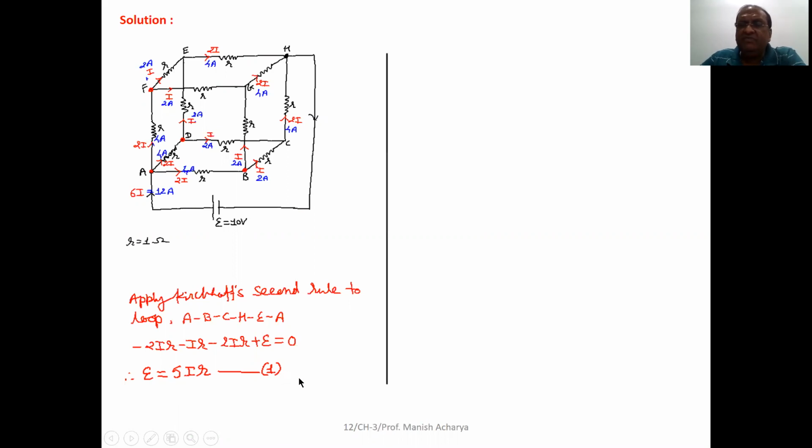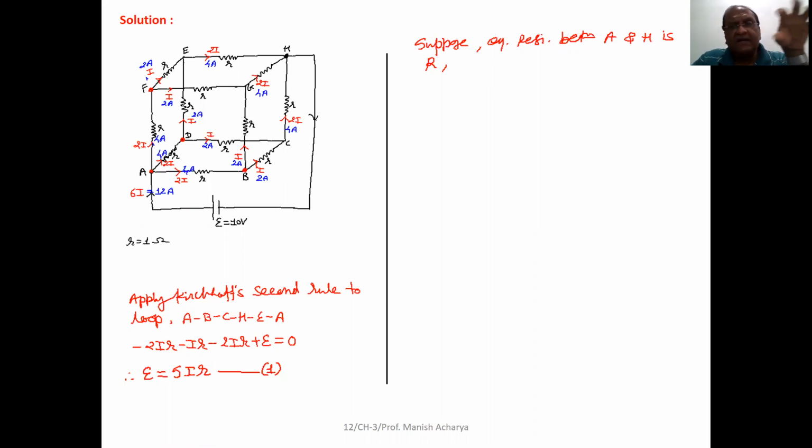Now suppose the equivalent resistance of the network between A and H is capital R. We already discussed this thing. Equivalent resistance of any combination means if that entire combination is replaced by that resistor R, then the same battery will constitute the same current in the circuit.